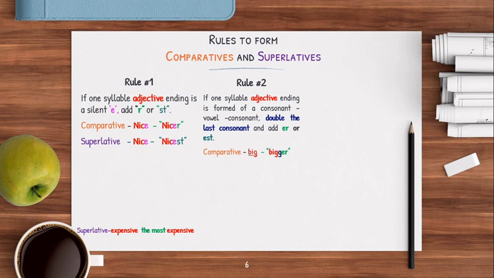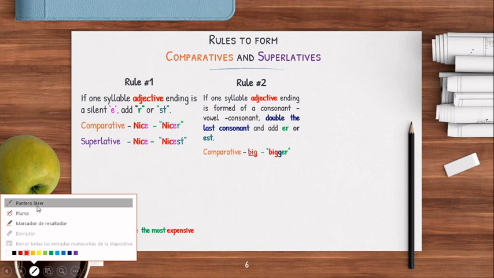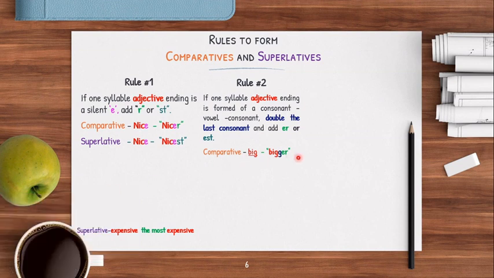Let's continue. If a one-syllable adjective ending is formed of a consonant, vowel, consonant, we double the last consonant and add er or est to form the comparative or superlative. If we have an adjective like this one over here, this is an adjective of only one syllable, right?